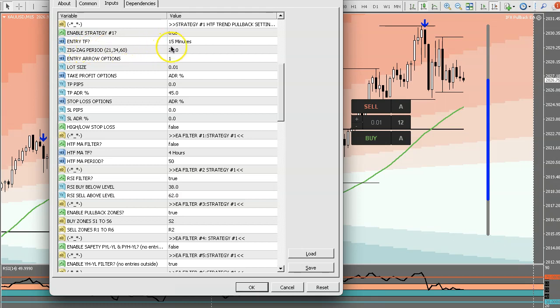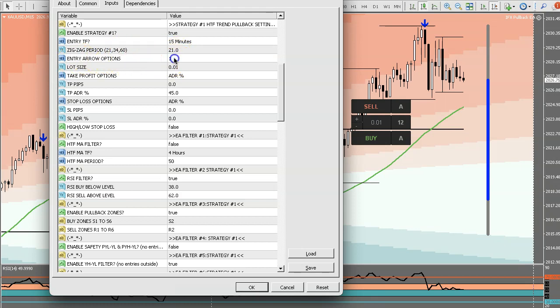The zigzag period for the arrows is at 21 right now. If you wanted to enter less, with fewer conditions or fewer arrows, you can make the number higher. I think 21 is good.